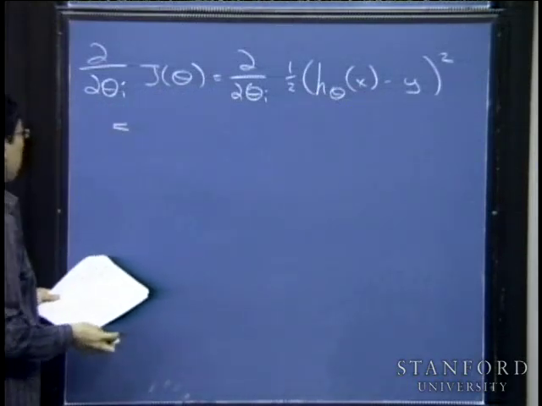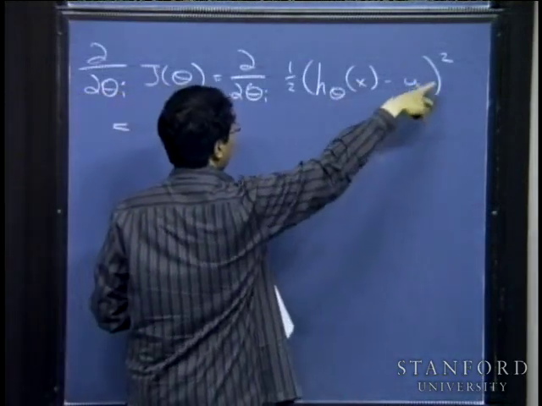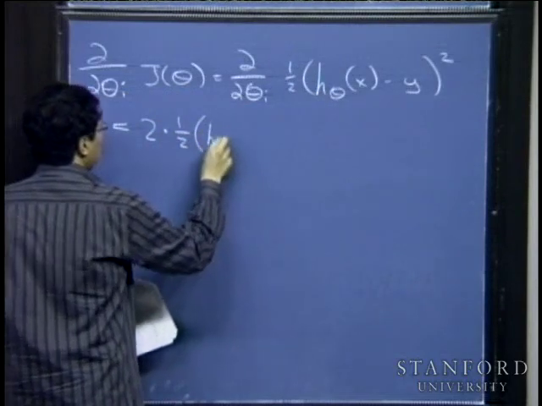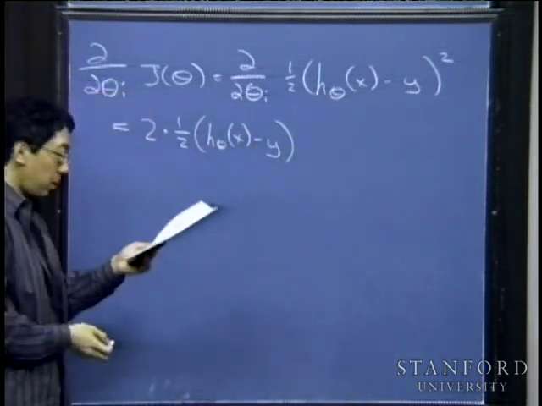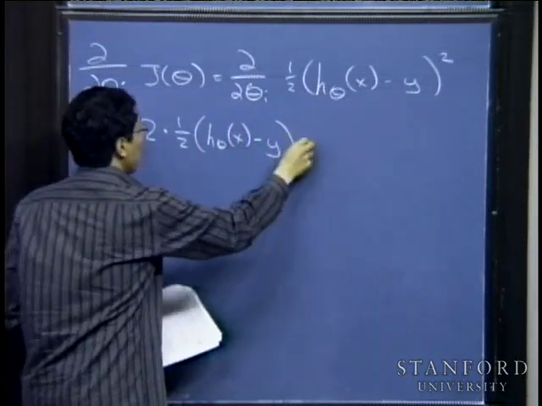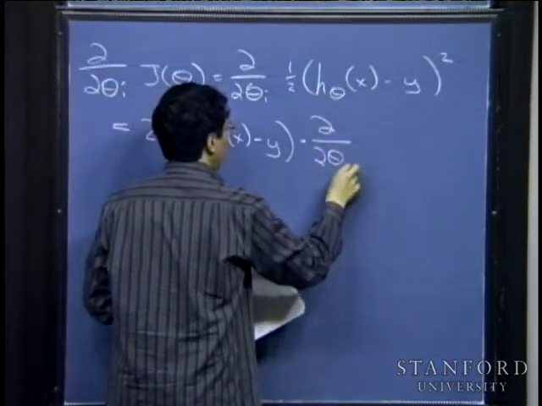And so taking derivatives, you have 1/2 something squared, so the 2 comes down, so you have 2 times 1/2 times (h subscript theta of x minus y). And then by the chain rule of derivatives, we also need to multiply this by the derivative of what's inside the square.